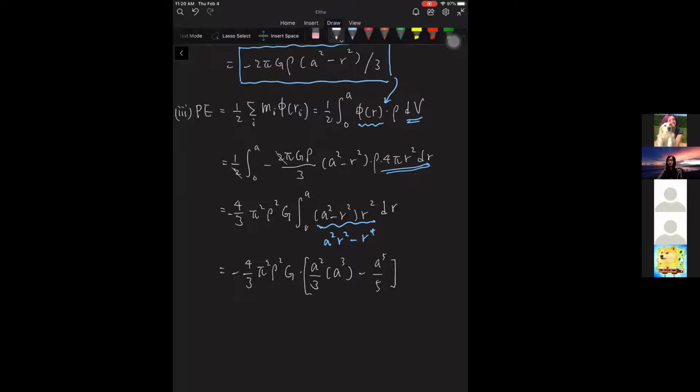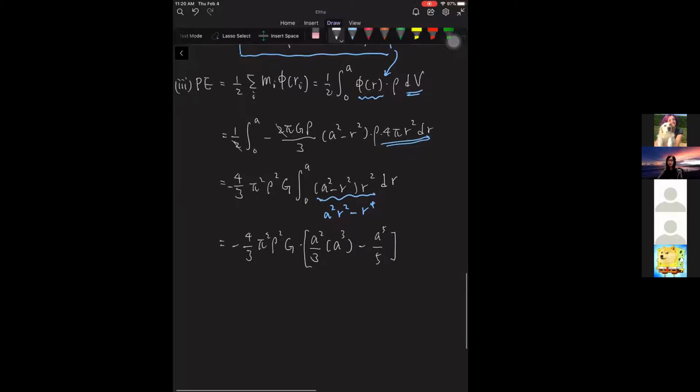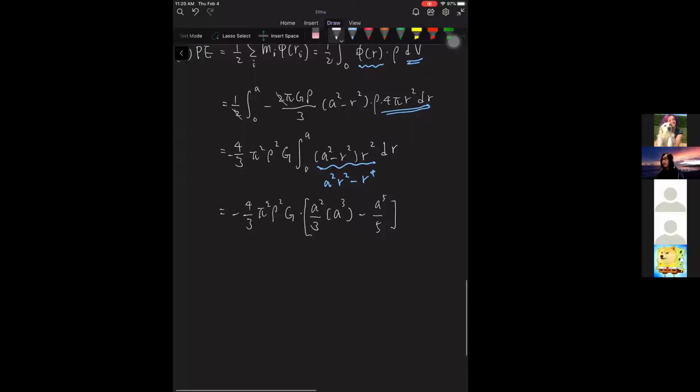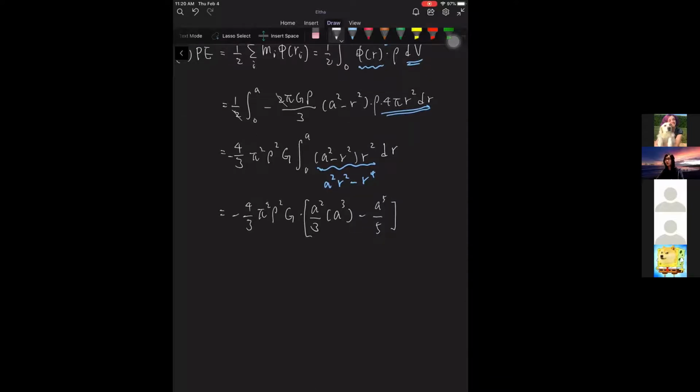Okay. So let me know if I did some calculation wrong here. Just feel free to unmute if you see any problems. Okay, so this term here would be a to the 5th over 3 minus this.